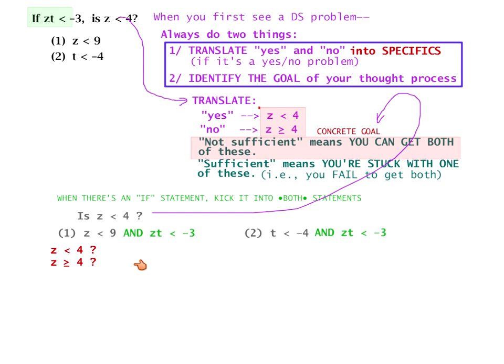Sure you can. Give me an example. Just pick a number, maybe not any number, but z can be 1 and t can be -5. Sure, that works.